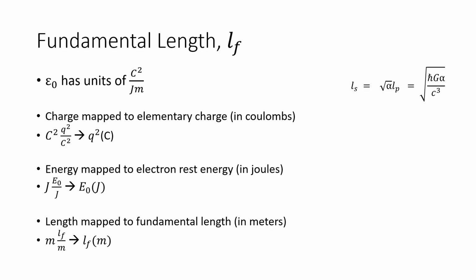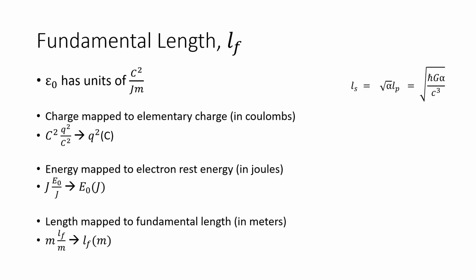As a result, a better way to represent epsilon naught is to map each of its units to a fundamental scale. Notice that in each of the three terms, we are not changing the unit. Charge remains charge, energy remains energy, and length is still length. The difference is we are simply scaling the arbitrary value of a coulomb of charge squared to the fundamental level of the elementary charge squared.